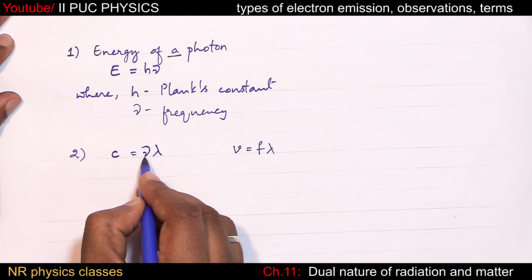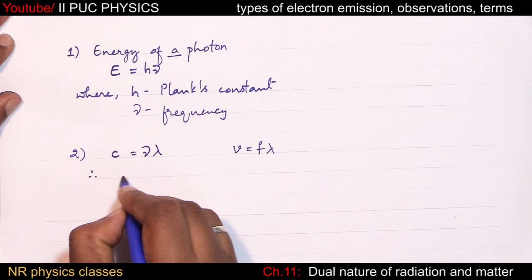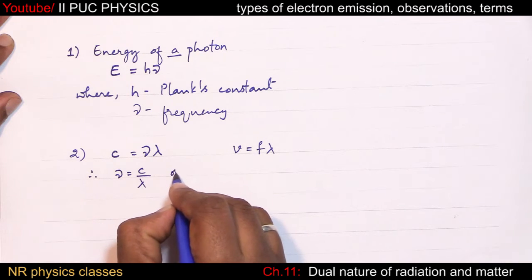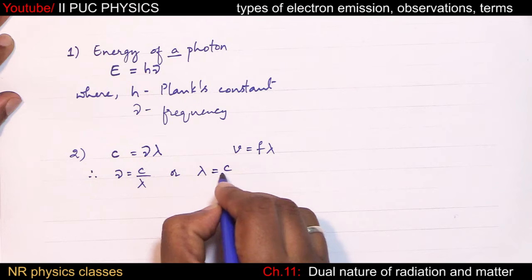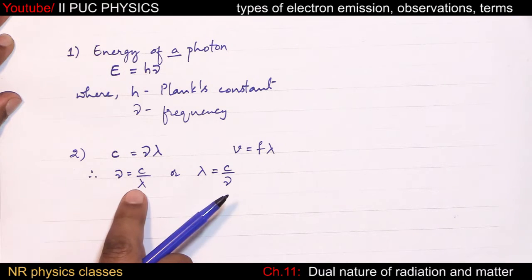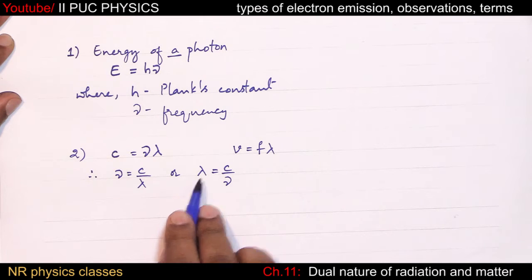So C equal to nu lambda. Therefore, nu equal to C by lambda or lambda equal to C by nu. When we know lambda, to find frequency, use this. If we know frequency, to find wavelength, use this.